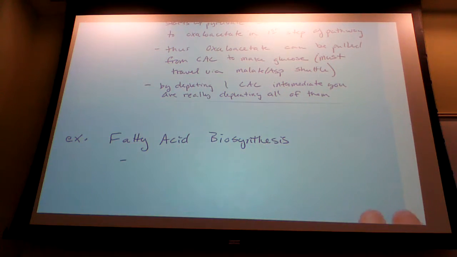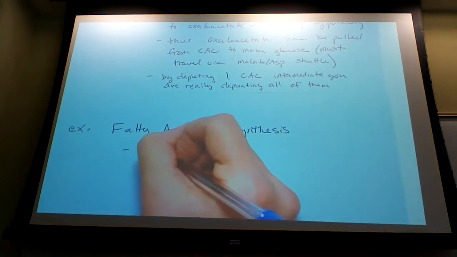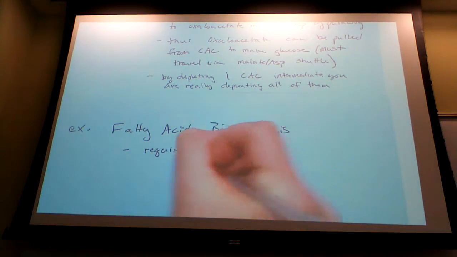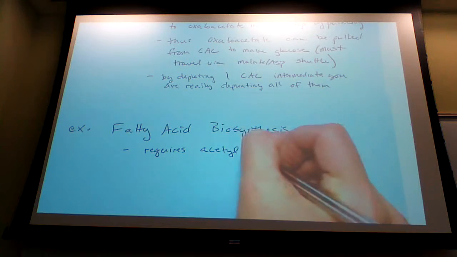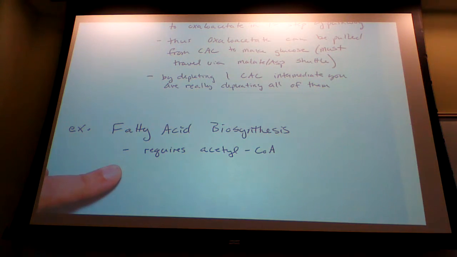This requires acetyl coenzyme A. So later we're going to look at the other way around, breaking fatty acids down into acetyl coenzyme A. Question? Is it still cataplerotic? Yes. Yeah, cataplerotic, because we're going to pull out a citric acid cycle intermediate.